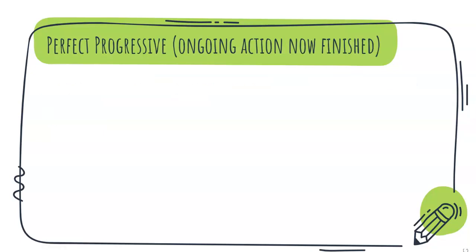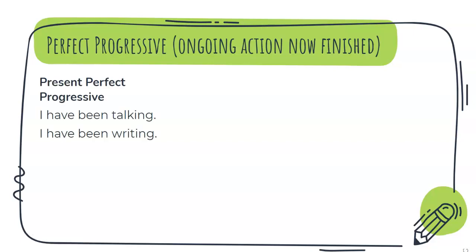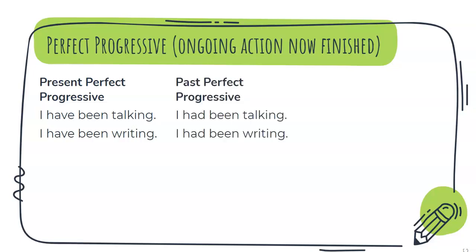Perfect progressive tenses describe an action that was in progress but was then finished. The present perfect progressive tense is used for actions that began in the past and continue into the present, such as I have been talking and I have been writing. The past and future perfect progressive tenses mark the end of an ongoing action.